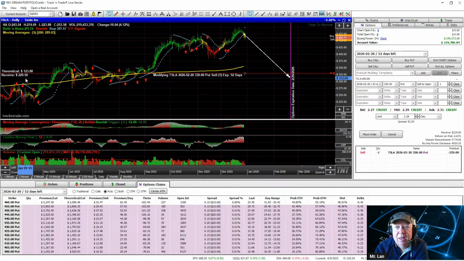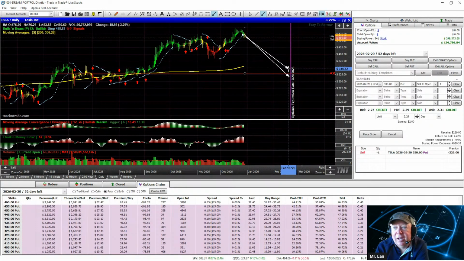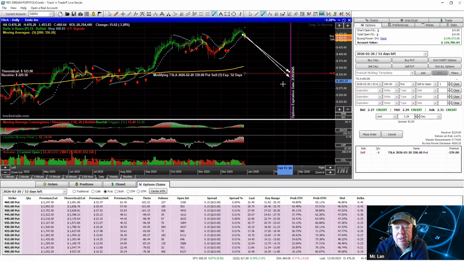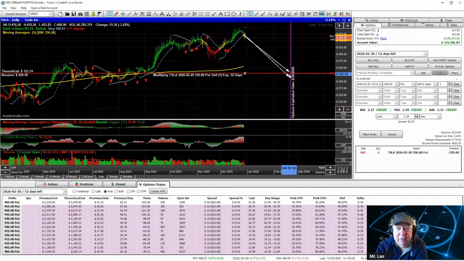Yeah. But if the market doesn't ever come down, if it hits that purple line anywhere above the red line, 1 penny above it, you don't get your shares. All they give you is the rubber frog, the $229. Well, what's the odds that the market's going to come down there, Lan? Well, you can tell it's pretty low. It's probably not going to come all the way down there, but it might.